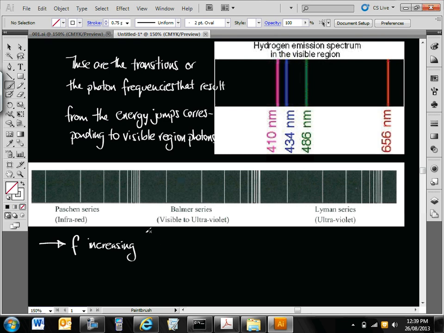And so by E equals hf, energy increasing also. Okay. And that's from left to right.